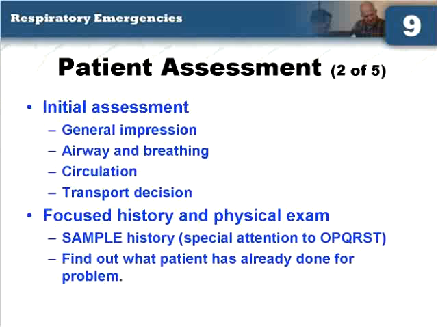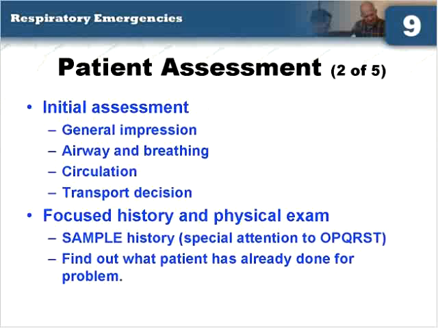Okay. Focus, history, and physical exam. Try to get as much of this from the patient as you can, but if not, try to get some of it from the family members or a bystander. A lot of times they'll be able to tell you what kind of history you have, especially in the elderly patient. If it's at a nursing home, you'll be able to have the chart and see, okay, they have a history of COPD, or chronic obstructive pulmonary disease, whatever.